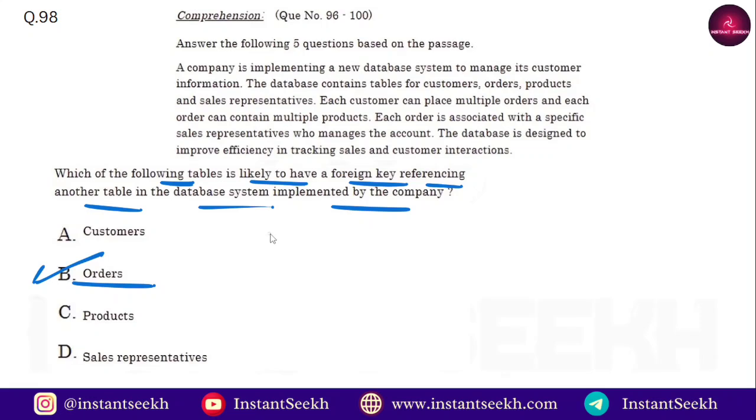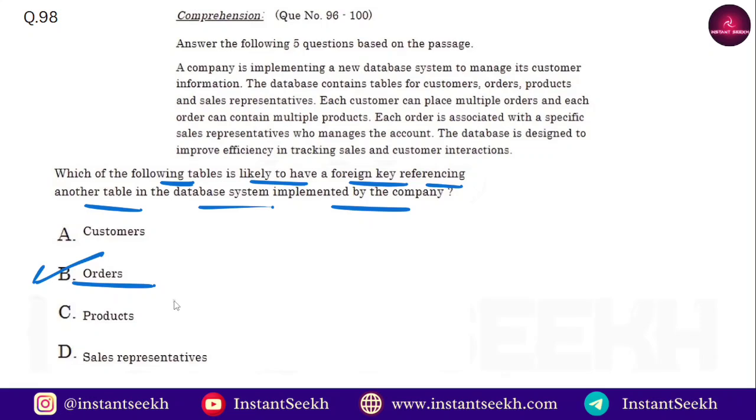So what is a foreign key? A foreign key is a field or a collection of fields in one table that uniquely identifies a row in another table. If we check the customer table, it typically stores customer information such as name, address, and contact detail. It does not reference other tables, but can be referenced by other tables like orders.